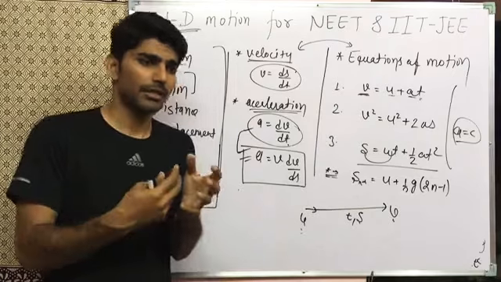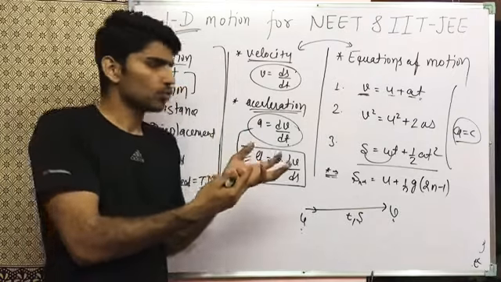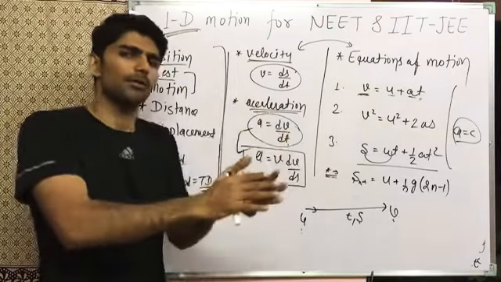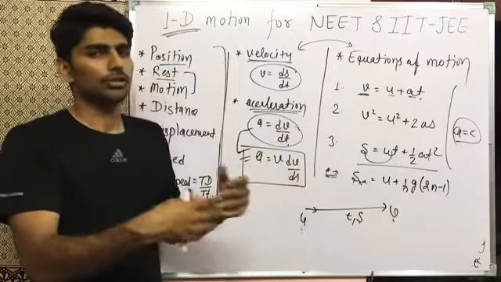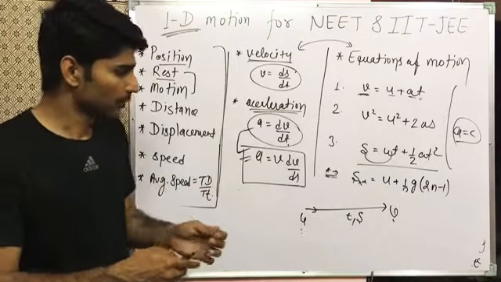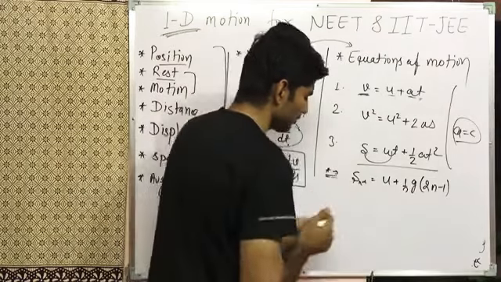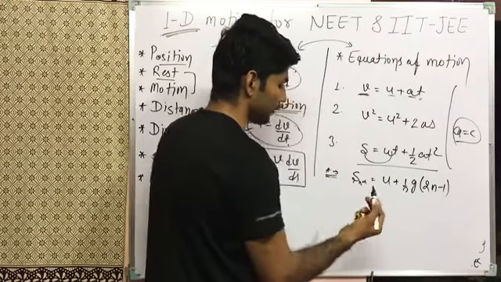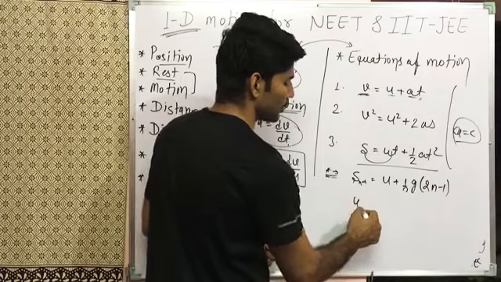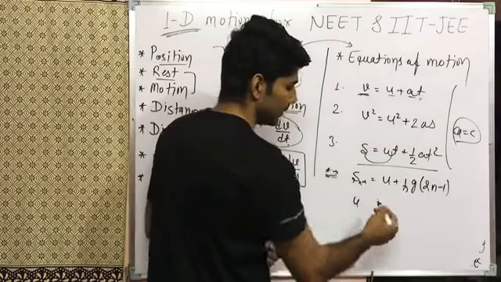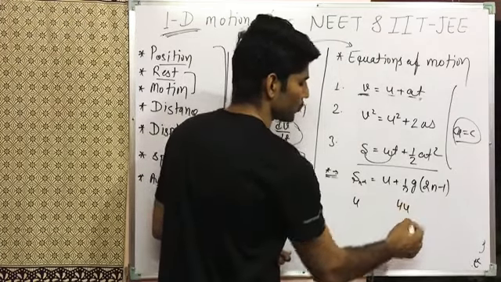But sometimes they give you two sets of data, and you need to compare both of them and determine that value. Like one question I just saw in a competition: the velocity of one object is u and another object is 4u.